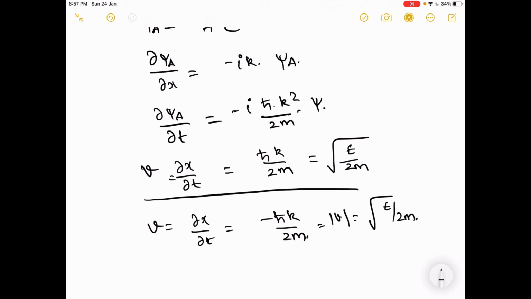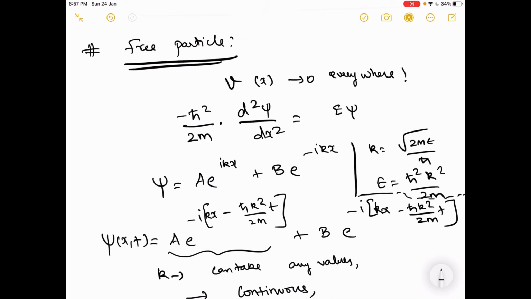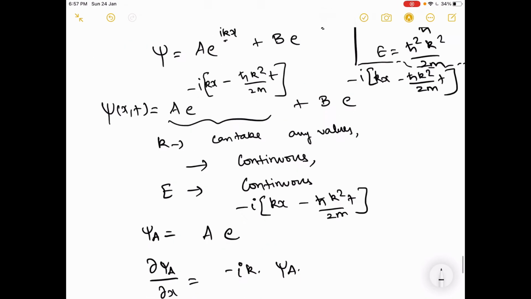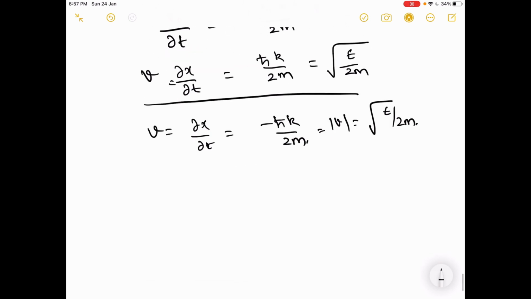What it means is the term with a positive k feels as if it is going with a positive velocity in the x direction, and the term with the minus k seems like it is going with a negative velocity. So the two terms, plus and minus k, seem like two waves, one moving in the positive x direction with a particular velocity and the other moving in the negative direction with a negative velocity. So this is the description of the wave, and it is its apparent nature.